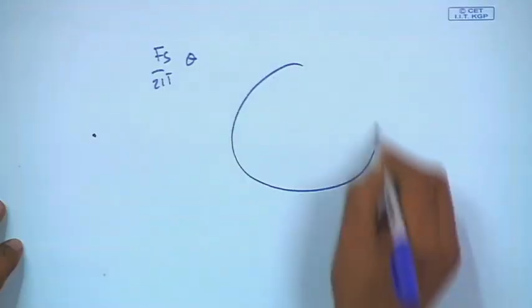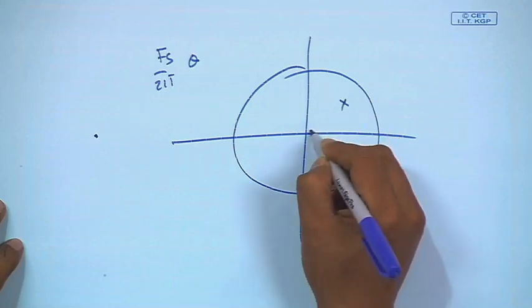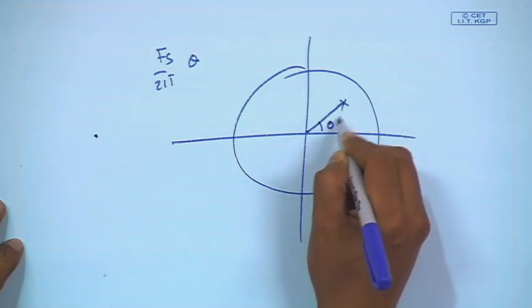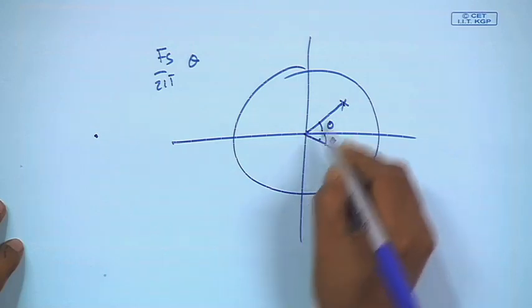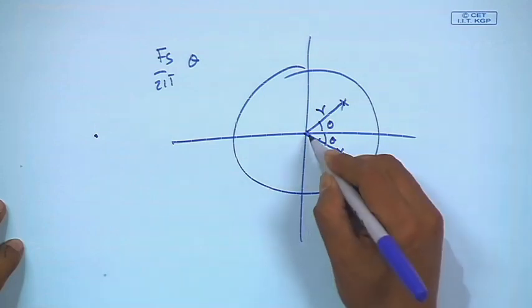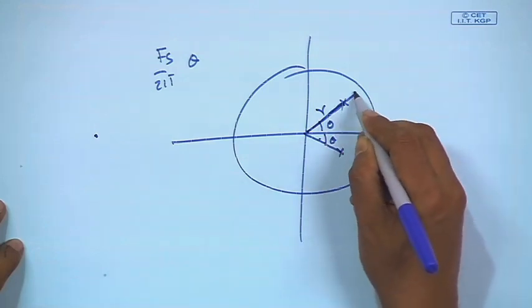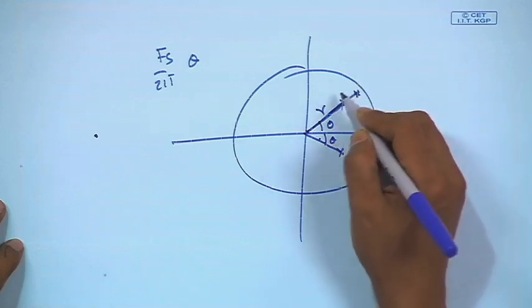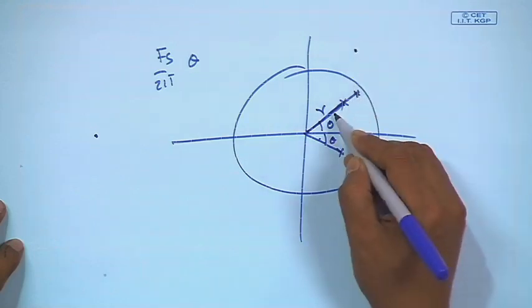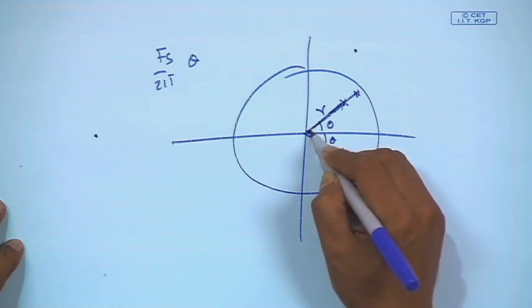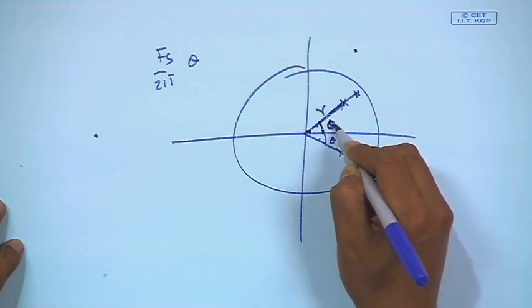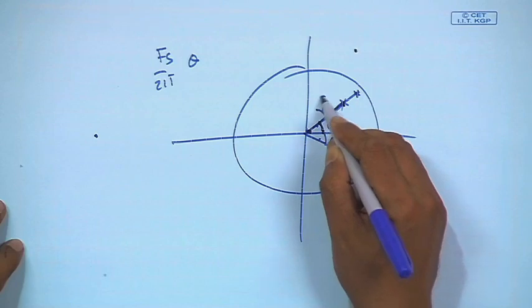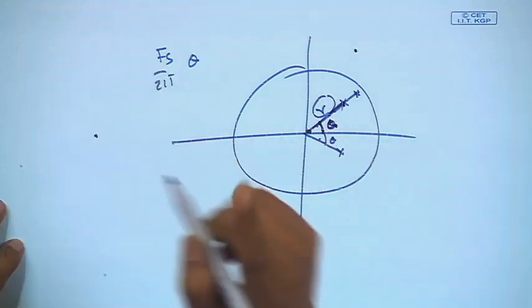Suppose this is my unit circle and there is a formant, a pole with angle theta. Since the system is real, there will be a complex conjugate pole at minus theta here, and this is R. If R is close to the unit circle, the bandwidth will be small, and if it is close to 0, the bandwidth will be large. So, the formant frequency is determined by the angle theta and the formant bandwidth is determined by R, which was already explained in tube modeling.